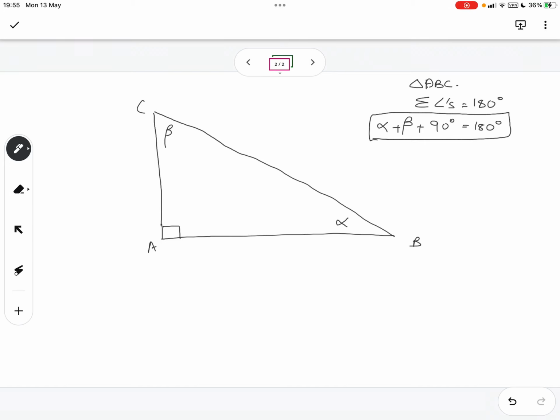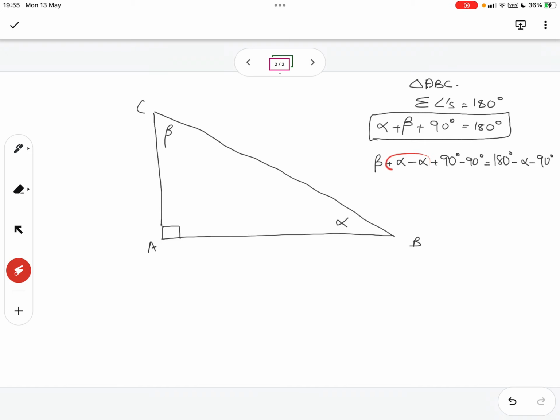Let me do some maths. So if I have beta plus alpha minus alpha plus 90 degrees minus 90 degrees equals 180 degrees minus alpha minus 90 degrees.